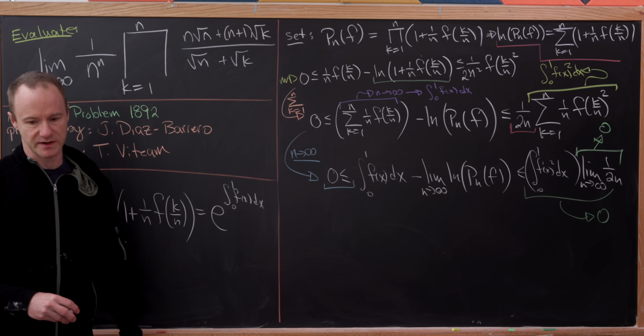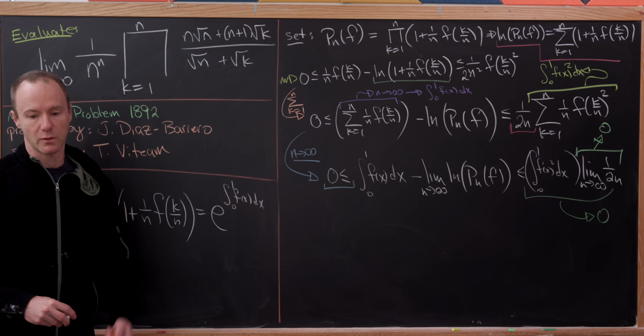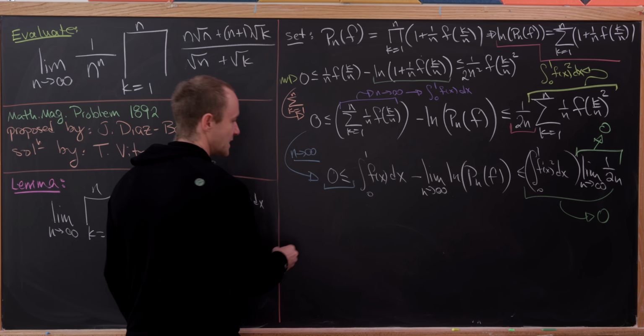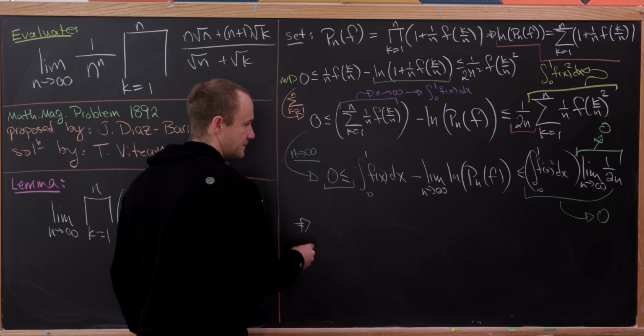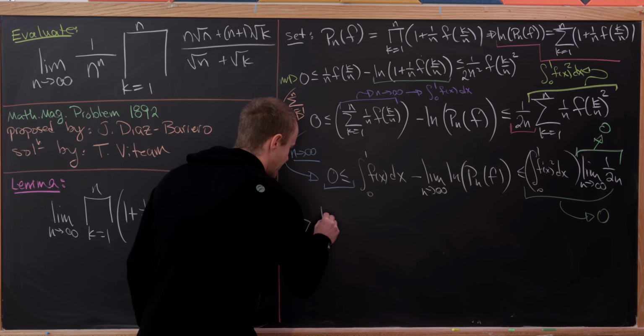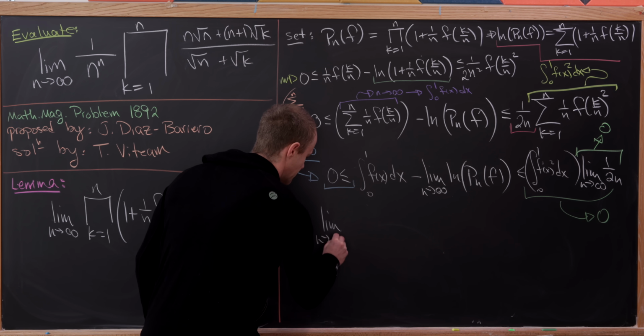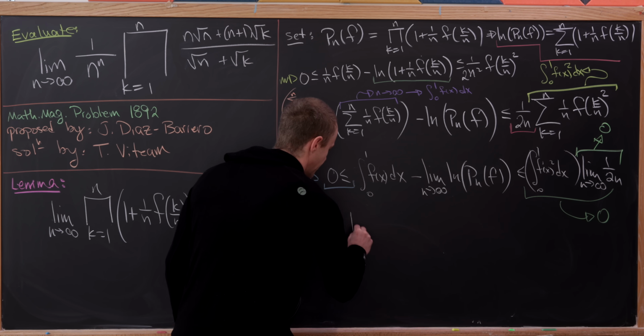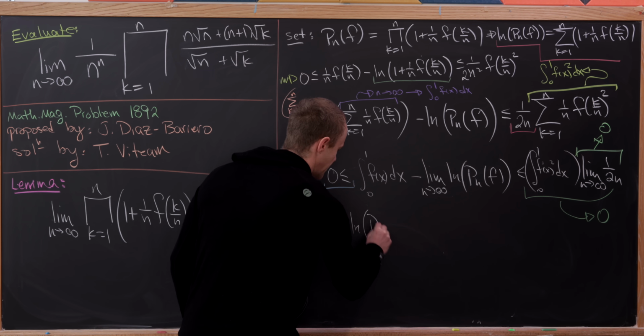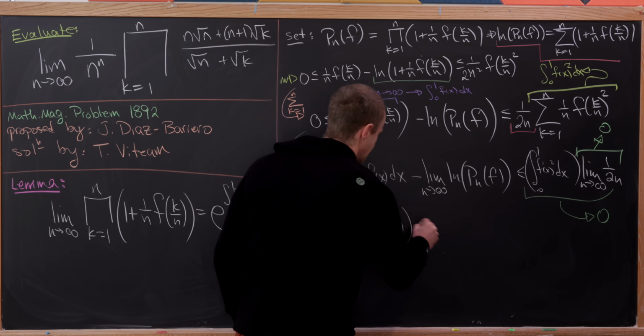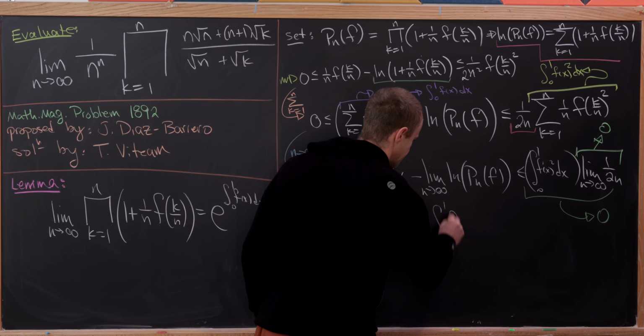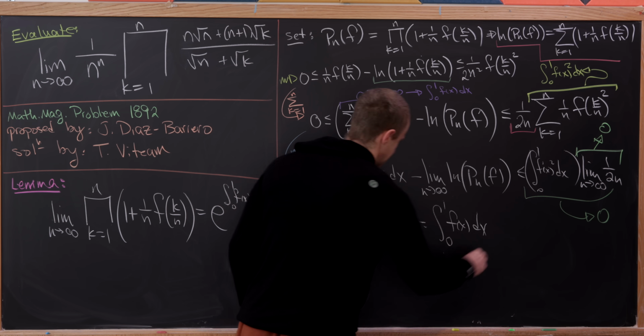If we take their difference and get 0, well then they have to be the same. So let's write that down. That means we have the limit as n goes to infinity of the natural log of P_n f is equal to the integral from 0 to 1 of f of x dx.